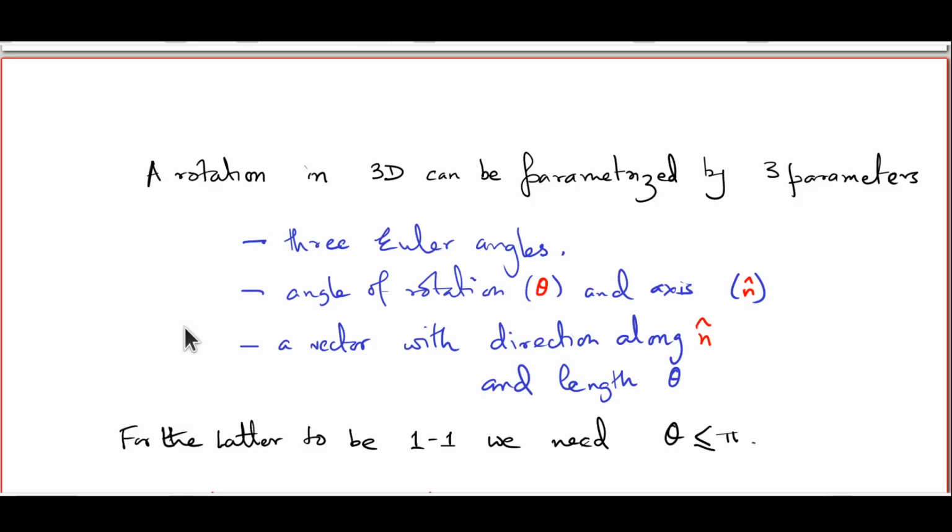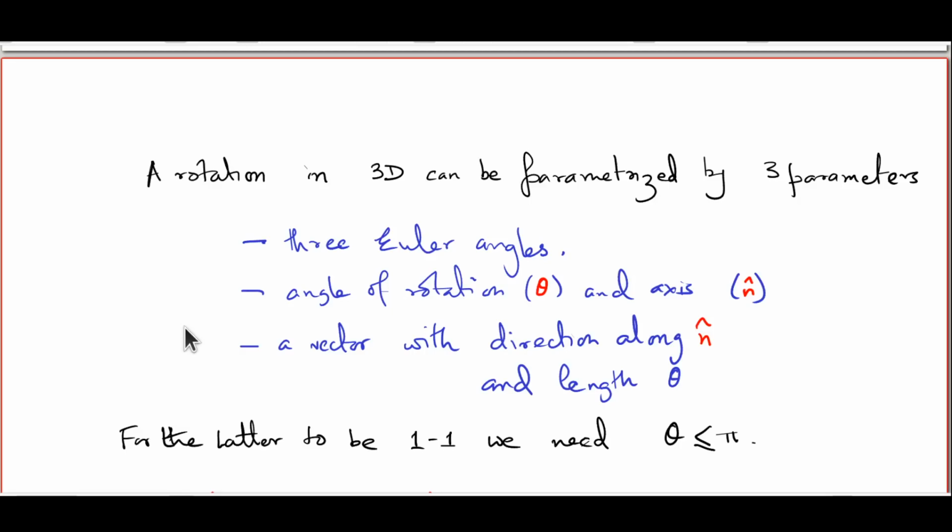A rotation through an angle theta about an axis n hat happens to be exactly the same as a rotation through an angle 2 pi minus theta about the axis minus n hat, that is, about the opposite axis. Hence, if any rotation exceeds pi, we can always switch to the opposite axis and use a smaller angle of rotation about that axis.